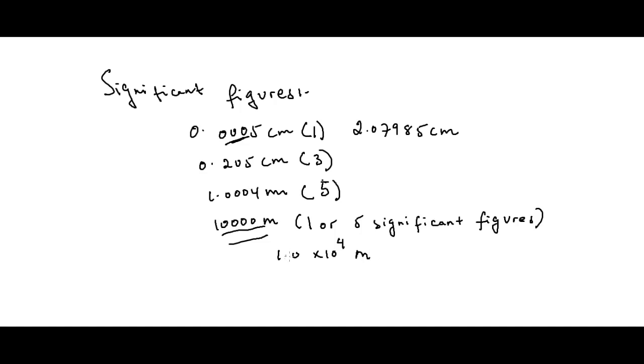Since you have the decimal point here, 1.0 times 10 to the power of 4 meter will have 2 significant figures, because the zero after the decimal point is part of measurement. If you just want 1 significant figure, you say 1 times 10 to the power of 4 centimeter. This time you'll have 1 significant figure.